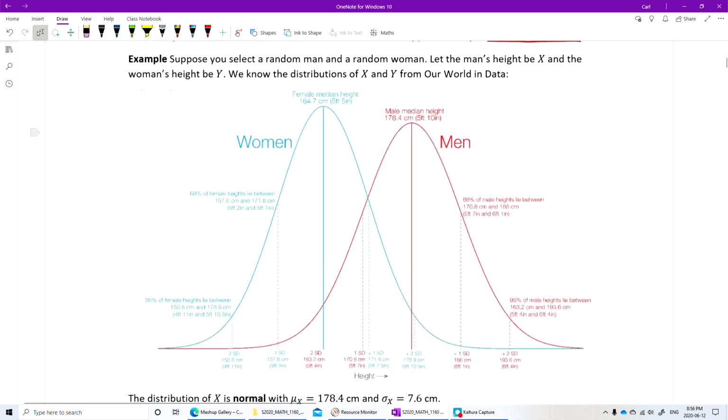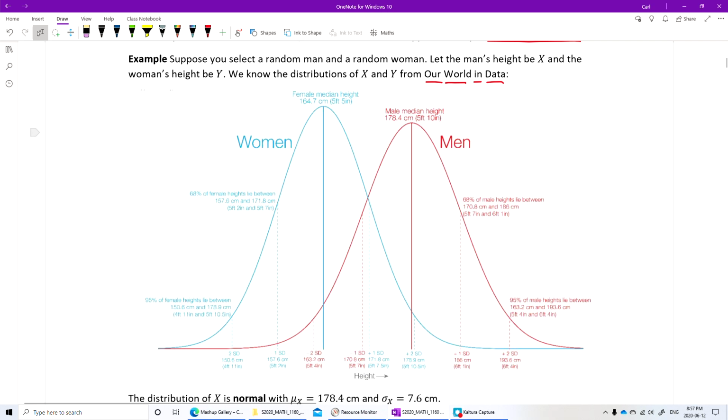Okay, so these are a couple of distributions that we've already seen in some of the earlier tutorials, right? The height of women in the world and the height of men living today in the world. This is data that was collected by the resource Our World in Data. Suppose you select a random man and a random woman.